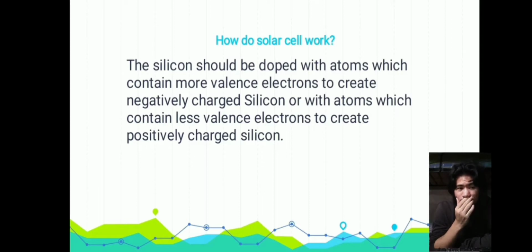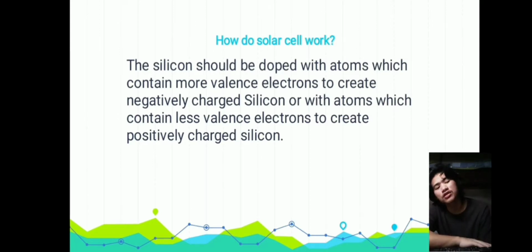So, sabi dito, yung silicon daw is kailangan makipag-dope sa isang atom na may mas maraming valence electrons sa kanya para makabuo sila ng negative charge silicon, or with atoms which contain less valence electrons to create positively charged.